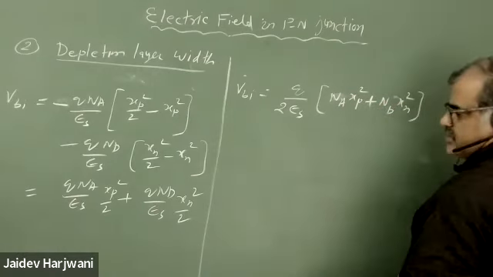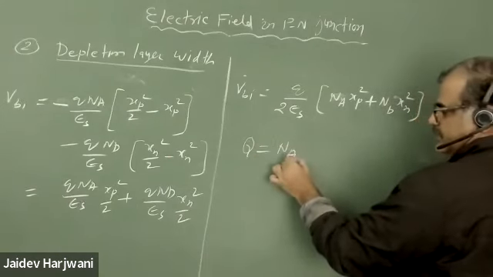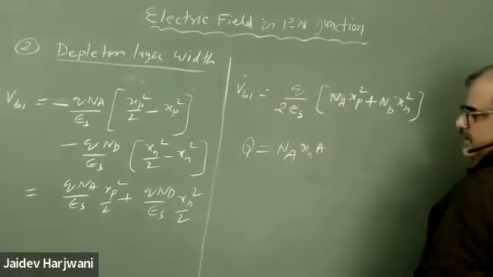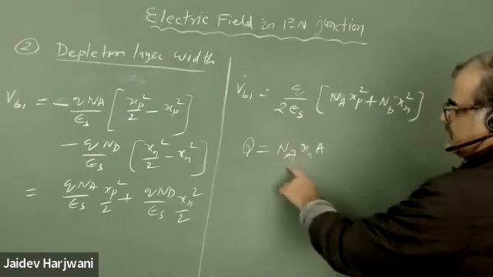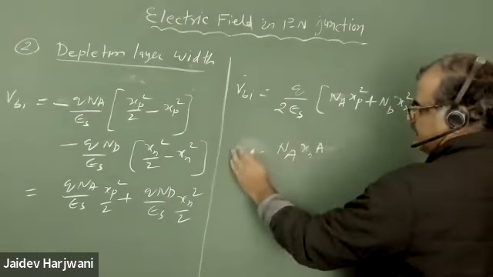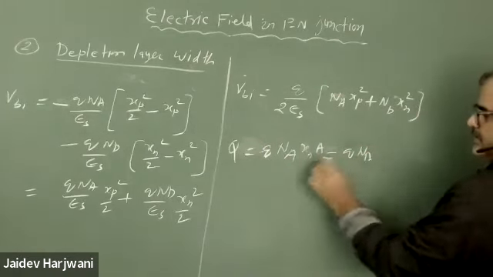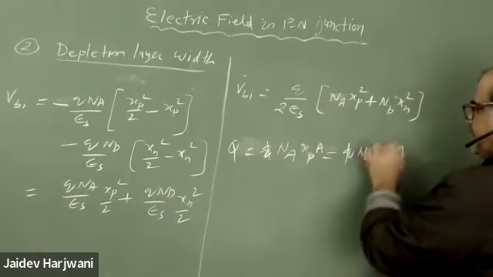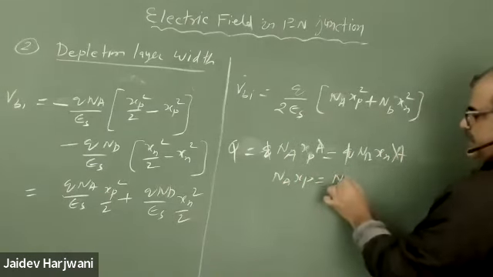And from charge neutrality I know charge is equal to na xp a, and nd xn a, charge density, length in volume, and q. So q, charge is this on both sides, so q nd xn a. Okay, q cancels, a cancels, so I have charge density na xp equals nd xn.